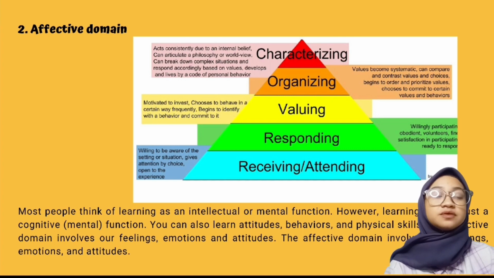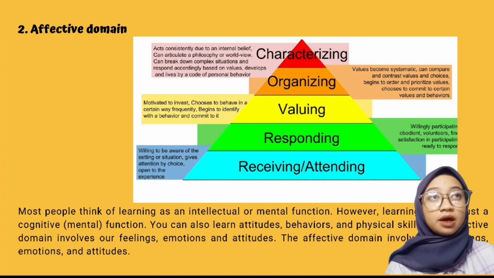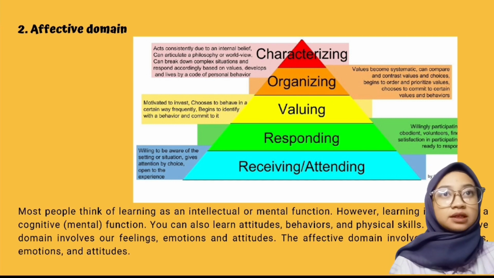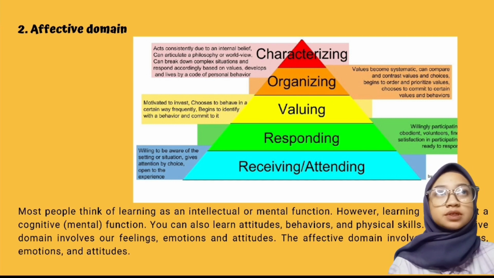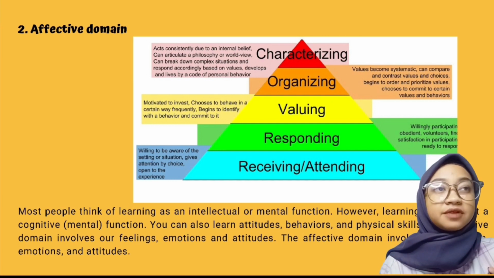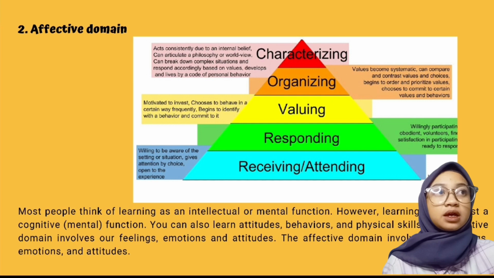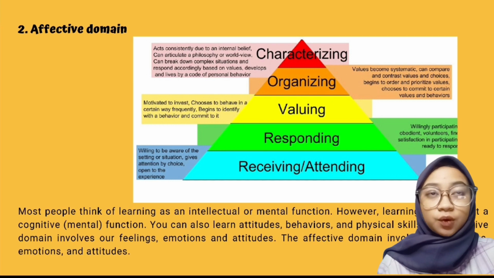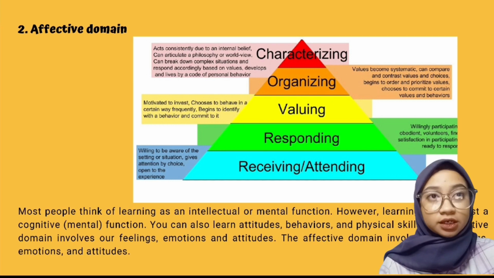And the affective domain also has 5 levels. The first or the lowest level is receiving or attending. That means willing to be aware of the setting or situation, giving attention by choice, and being open to the experience.